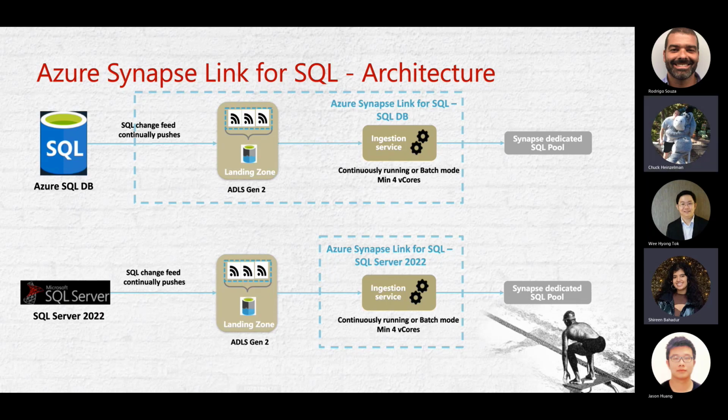Since it is in preview, we have introduced what's called a batch mode, where you can tell that ingestion service to pause itself, go to sleep for a little while, if you don't need the near real-time nature. So if you want the near real-time, you leave the ingestion service running in continuous mode. But if you can accept the latency, you can put it into batch mode to save a little bit of money. All right, next slide, please.